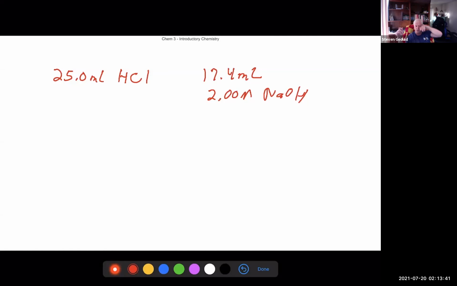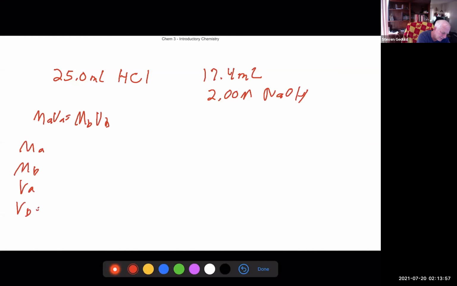And we know the formula. M of the acid, V of the acid equals M of the base, V of the base. Okay, so M acid, M base, V acid, V base. M of the acid is what we're looking for. Molarity of the base is 2.00 molar. Volume of the acid is 25.0 milliliters.